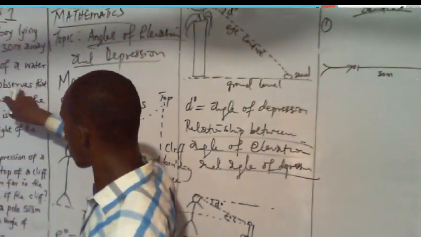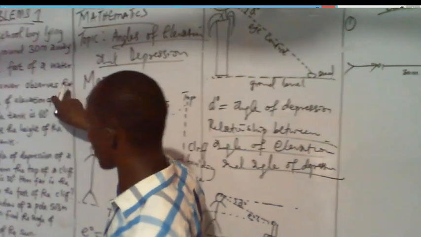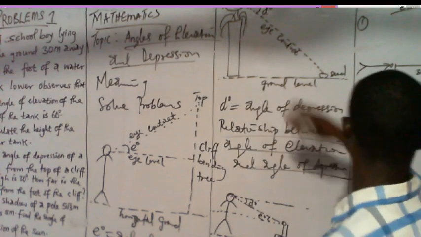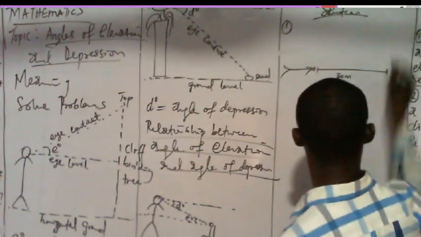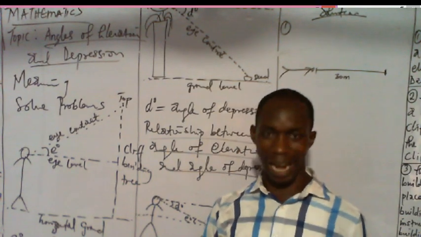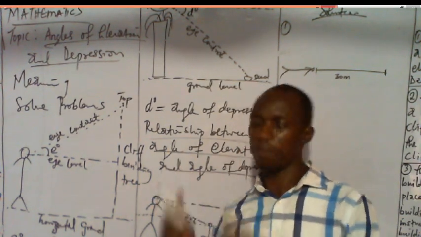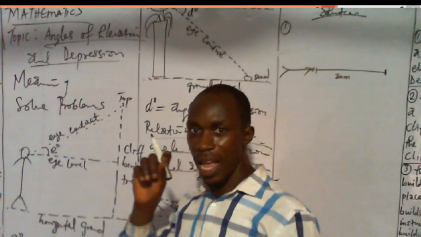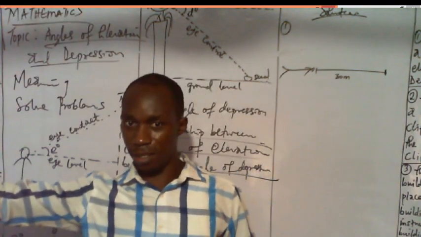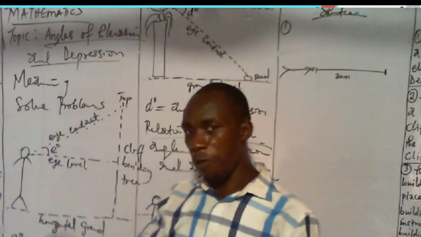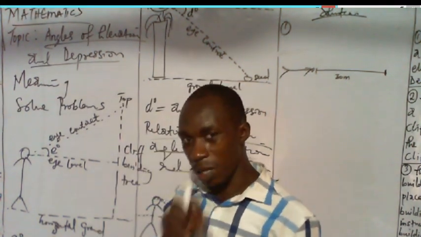Observes that the angle of elevation of the top of the tank. Now take note, when you are told angle of elevation from, an angle of elevation of: "of" is used for where the sight is taken, and "from" is used for where the angle is formed.